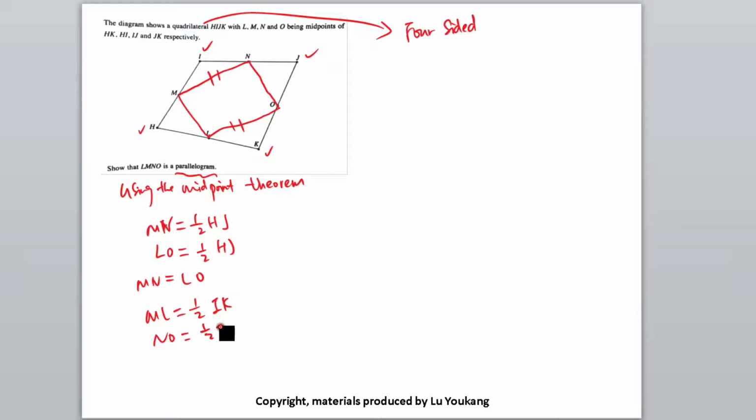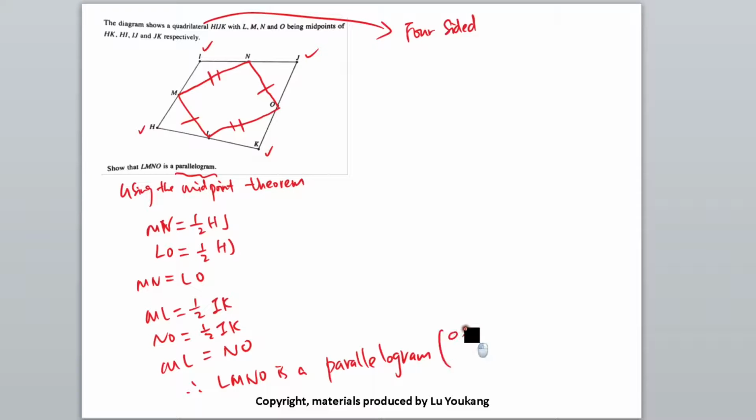And NO is also half IK. And because of this, my ML is equal to NO. So I have proved MN equals LO and ML is equal to NO. Therefore, LMNO is a parallelogram, because for a parallelogram, opposite sides are equal to each other.